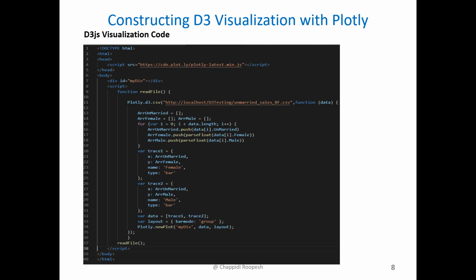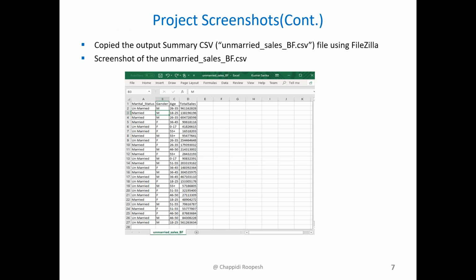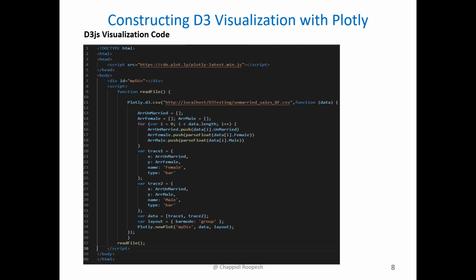This is the code which gives us a graphical representation of the data we saw in the previous slide. Initially, we need to load the CSV which got generated from the master subset, which has the data of gender, age, and the sales.